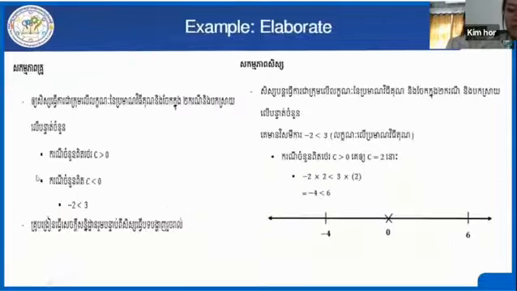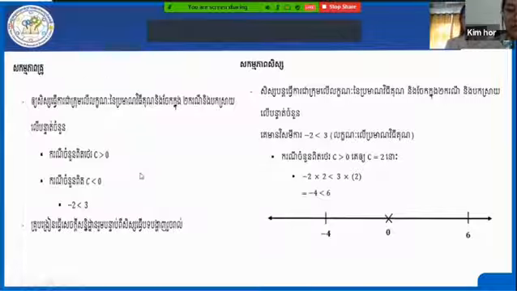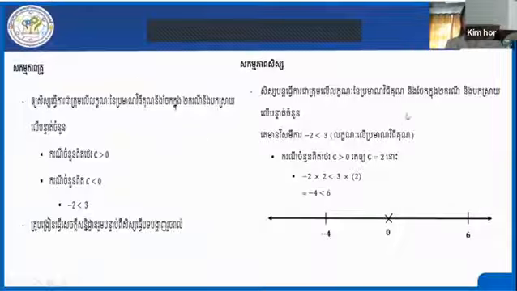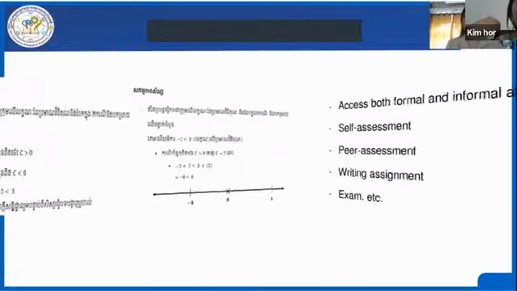I give a new concept which is not deeper and is similar to the previous one, and then the students work in groups, group the exercise, and write their result, and after that they go to the stage and present what they have done.